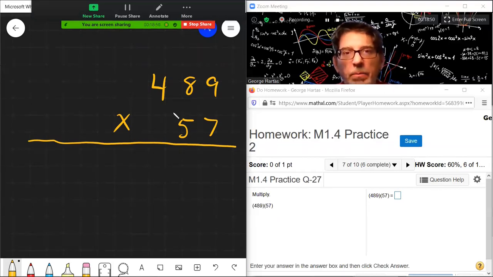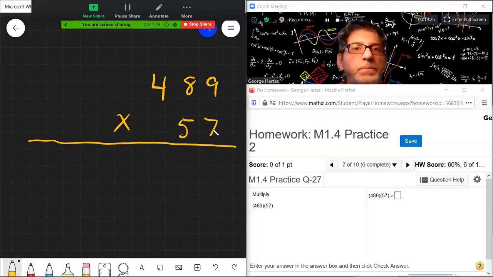Notice that the number of digits down here indicate how many rows we're going to have. And I think the fewer rows that there are, the less chance of error, right? So if you were to switch these and put the 489 down here instead of the 57, you would have 3 rows since you have 3 digits. It's not a big deal, and you still get the same answer, but I just think it's easier on the eyes, and there's less chance of a mistake if you have fewer rows.